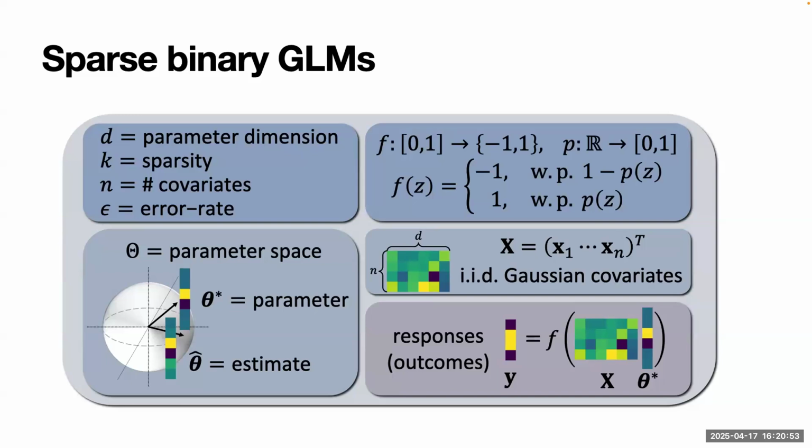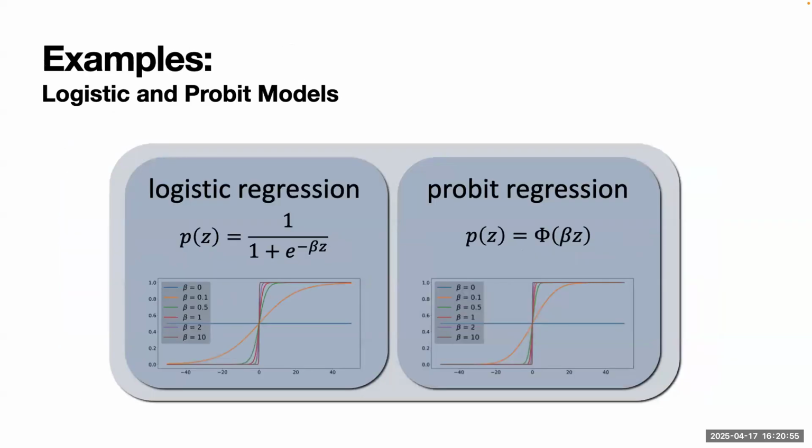Two prominent classes of this binary output generalized linear model, which are well studied and well known, are logistic regression and probit regression. There are many papers on parameter recovery for the logistic regression model, where the p(z) function that I showed looks something like this. I just have this inverse temperature parameter beta over here that controls how steep this thing is.